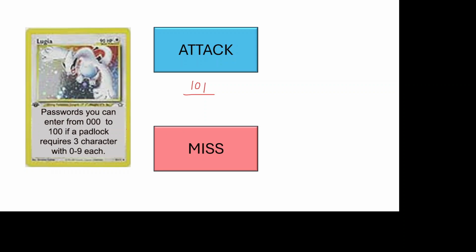So 101 outcomes out of 10 times 10 times 10, which is 1000. Again, that's the application of the fundamental counting principle. And since this can no longer be simplified, this is already the answer. 101 over 1000.